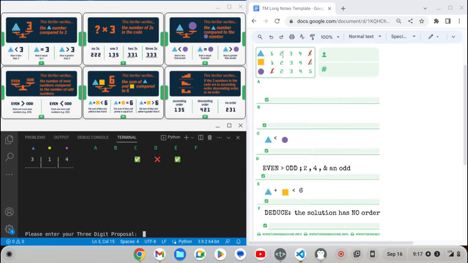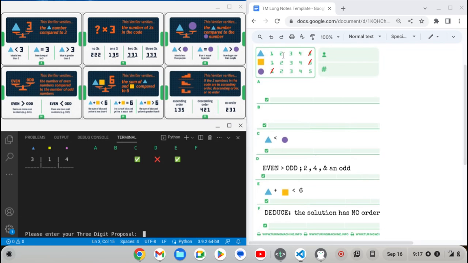So I think what I'm going to do is, I'm thinking that triangle is going to be less than 3. And then it could either be 2, 4. No. Well, I guess it could be 2, 1, 4, where there is no 3.